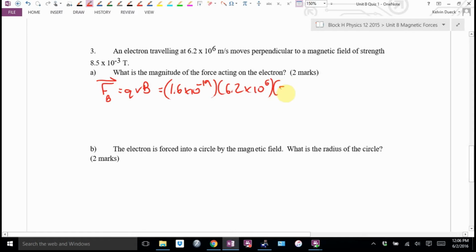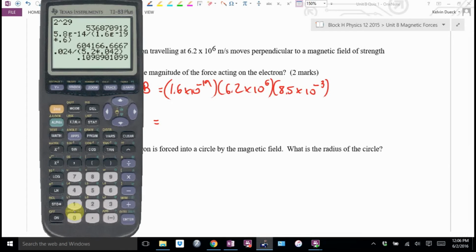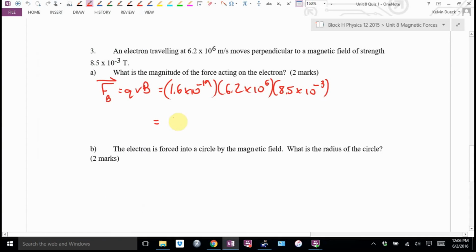B, 8.5 times 10 to the negative 3. I get a force of 8.43 times 10 to the negative 15? Yep. Units for force. Yep.